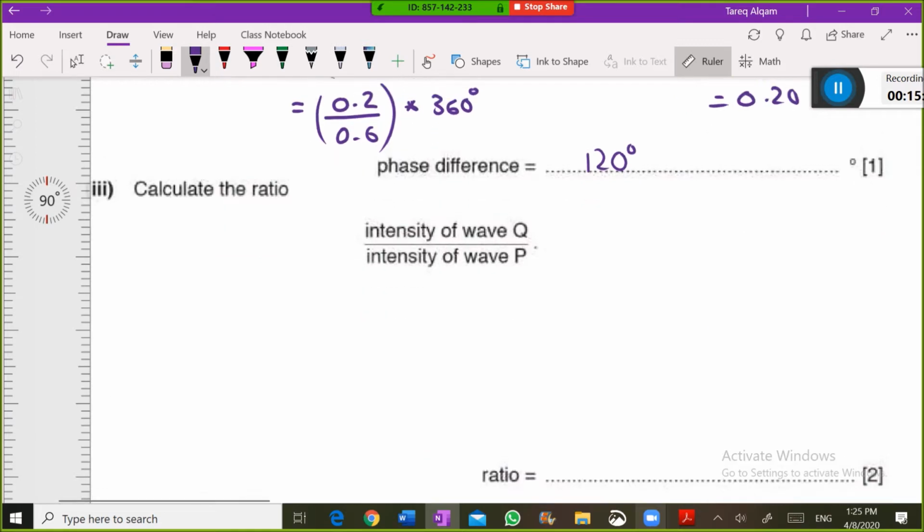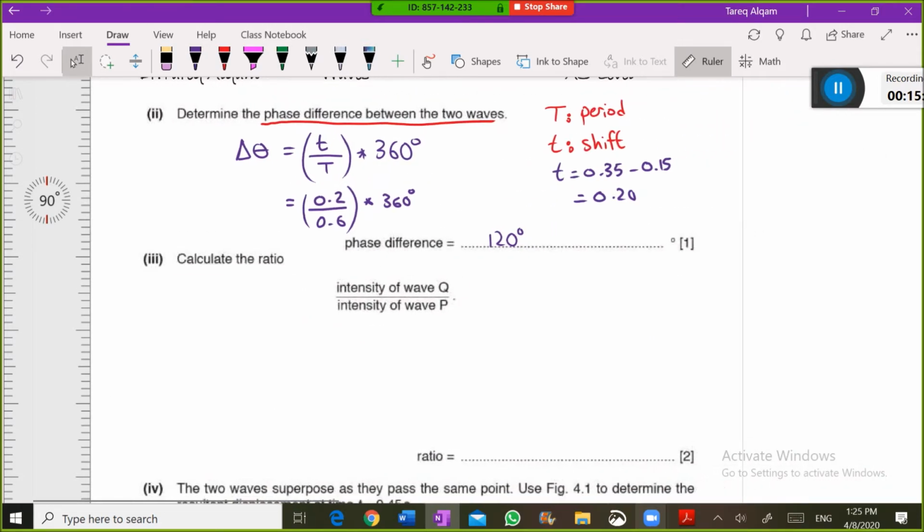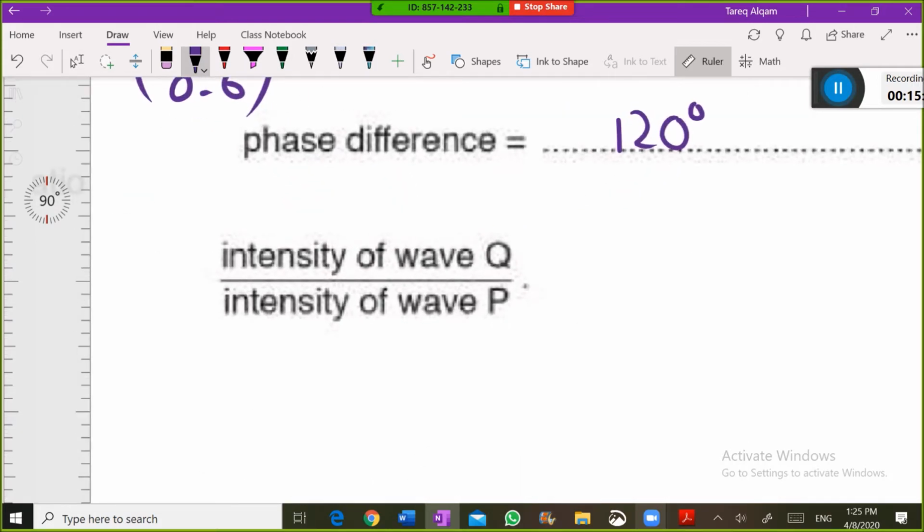Okay guys, now what we are asked to find is the intensity of wave Q over the intensity of wave P. According to the relationship between intensity and amplitude, is that clear? Any question about that? Okay.